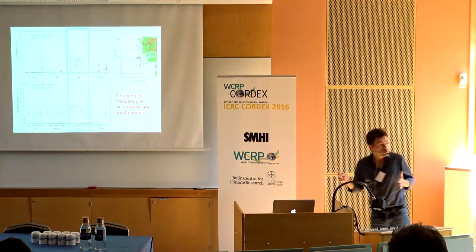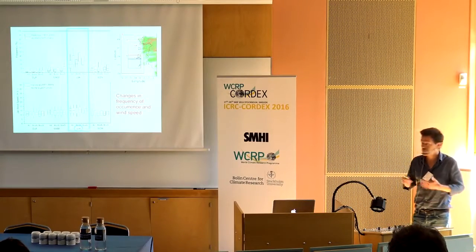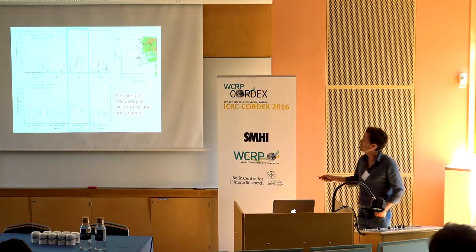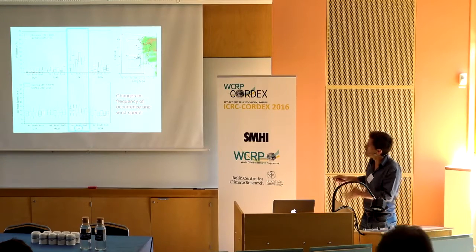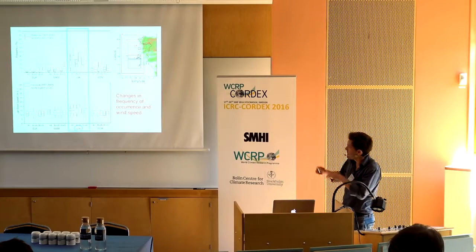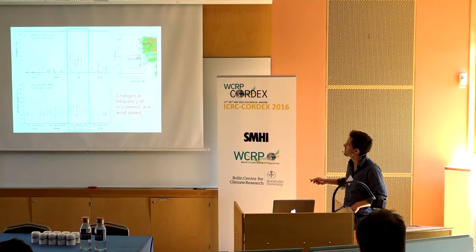Looking to the distribution, not only to mean values or the frequencies of occurrence, we have here the box plots of the full area of Western Iberia, and the north box and the south box, to see how there is this gap between north and south.